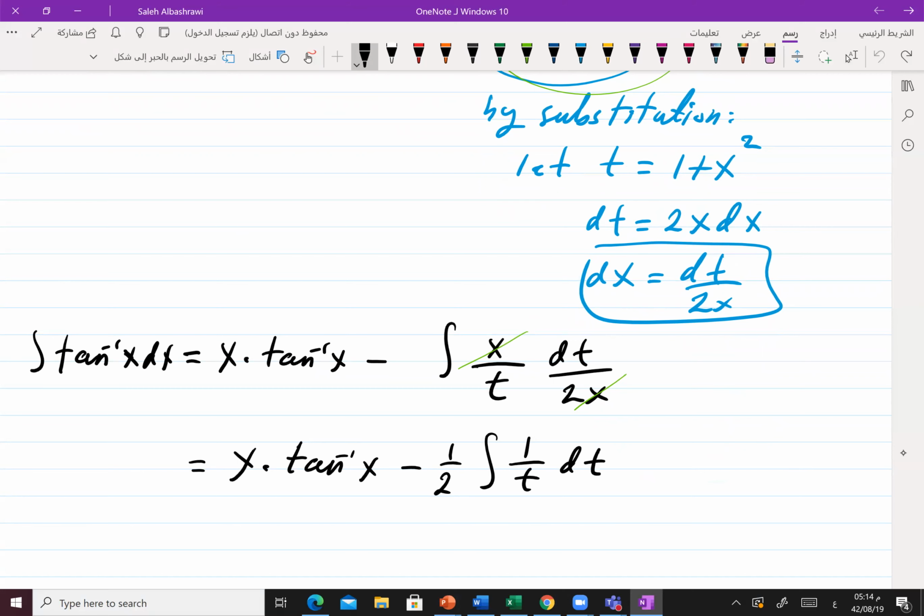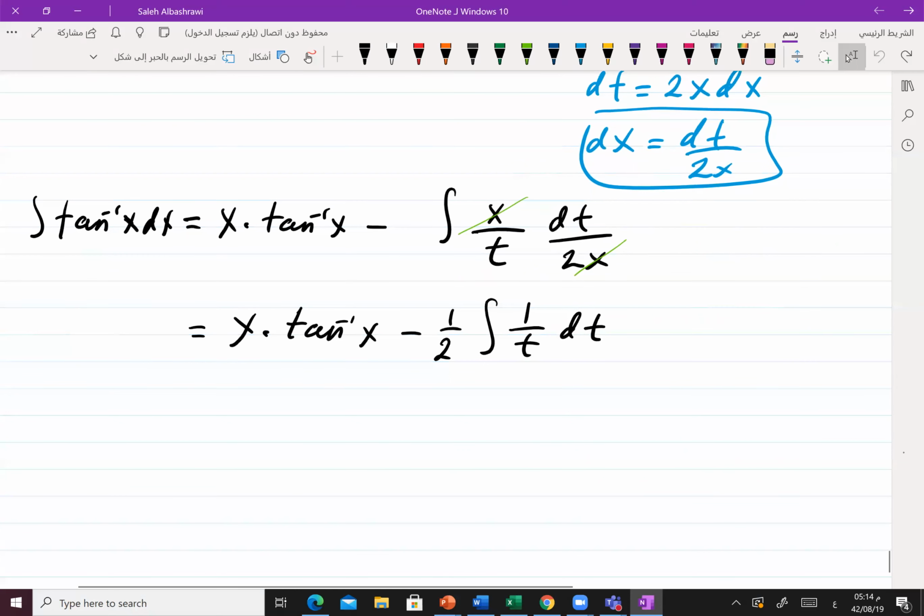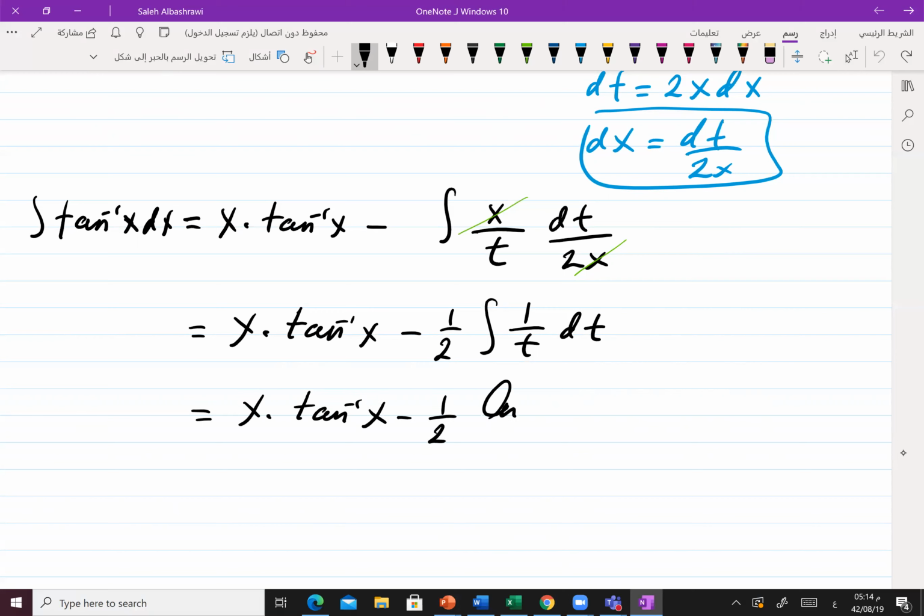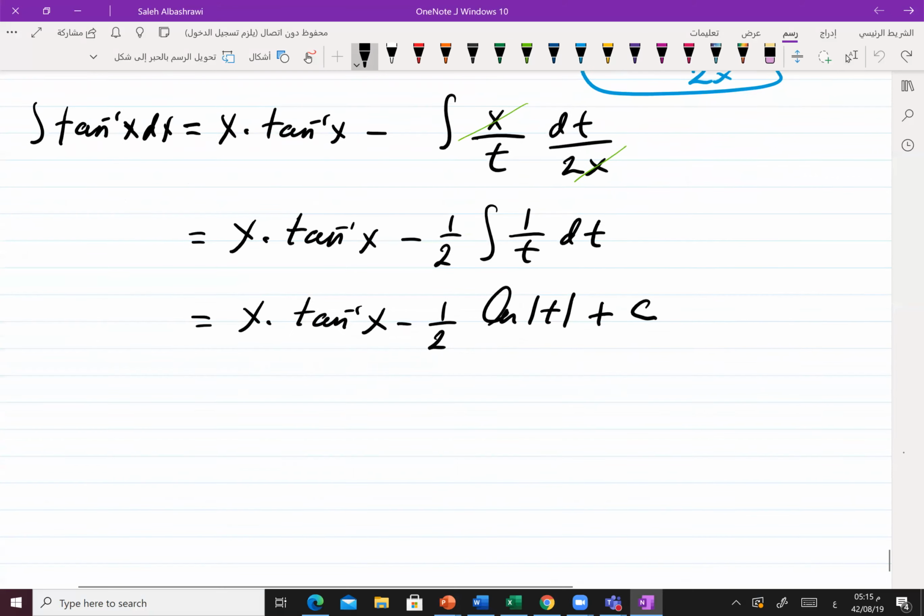And the integration of 1 over t is equal to ln of t. So this is x multiplied by tan inverse x minus 1/2 ln absolute value of t plus constant c, because this is an indefinite integral.